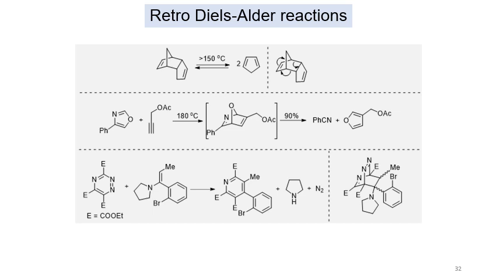There's another concept called the retro Diels Alder reaction. The retro Diels Alder reaction is very important, especially when it comes to the cracking of cyclopentadiene. Cyclopentadiene is highly reactive and even at room temperature undergoes dimerization via a 4+2 cycloaddition with another of its own partner.